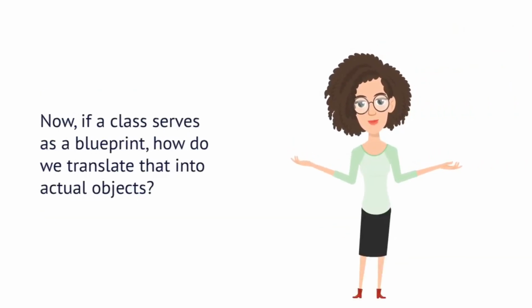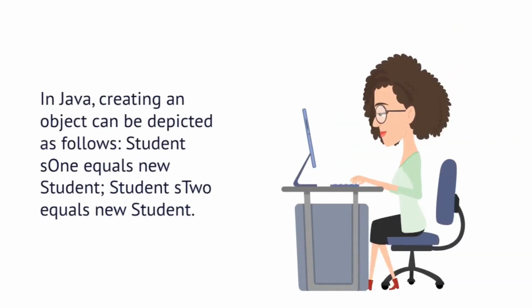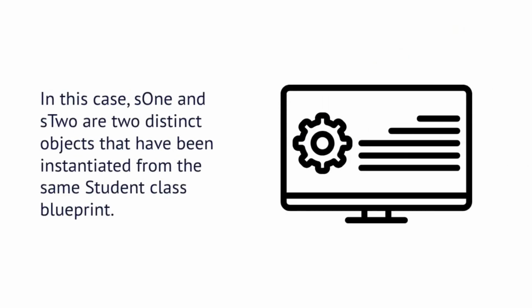Now comes the interesting part. If a class is a blueprint, then how do we create actual students from it? This is where objects are created. Now, s1 is an object, and s2 is another object, and both of them are created using the same student class blueprint. But here's the interesting thing. Even though both objects came from the same class, they can still store different data.